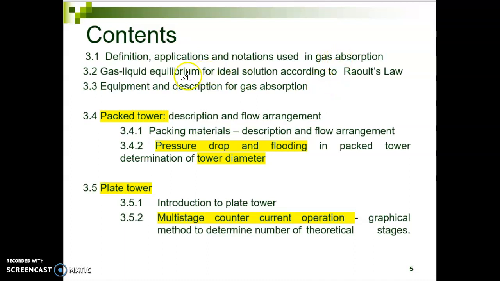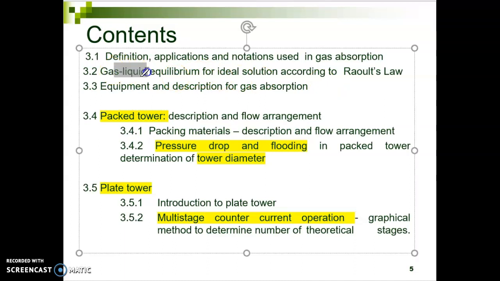And then since we are dealing with two different phases, gas and liquid, we need to see the gas-liquid equilibrium for ideal solutions, which implies Raoult's law equations. And then you are able to describe the gas absorption process and the equipment used.